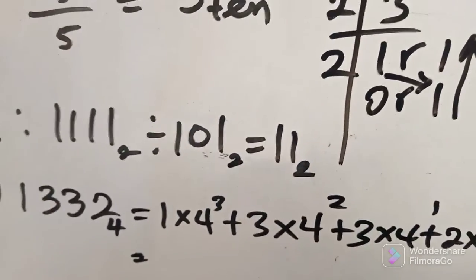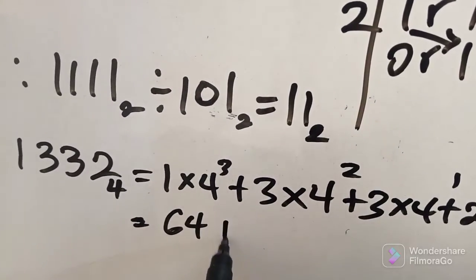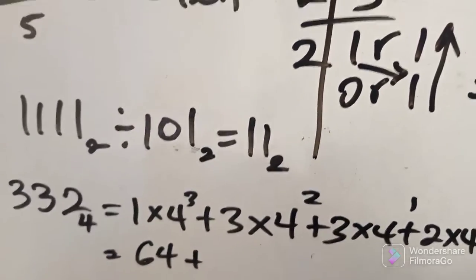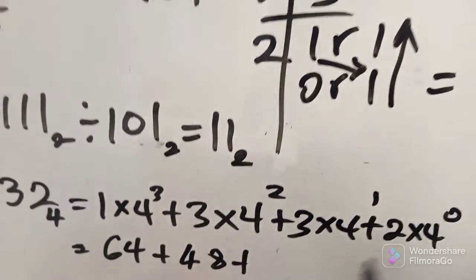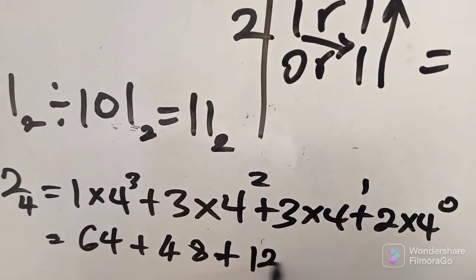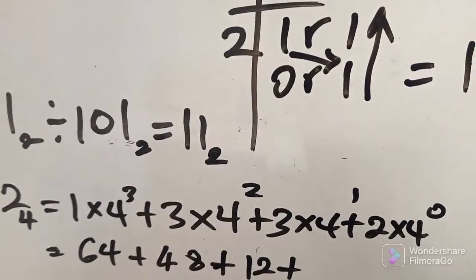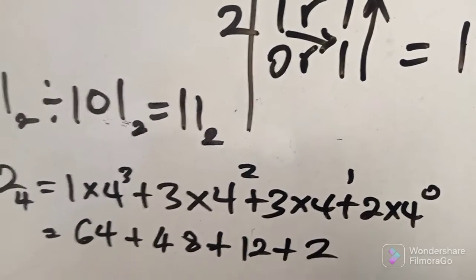So 4 raised to power 3 is 64, times 1, 64. Plus 4 raised to power 2 is 16, 16 times 3 is 48. Plus 4 raised to power 1 is 4, times 3, that is 12. Plus 4 raised to power 0 is 1, and 1 times 2 will give me 2.